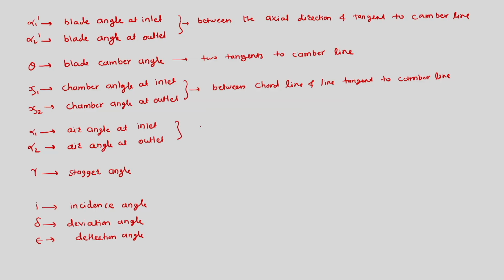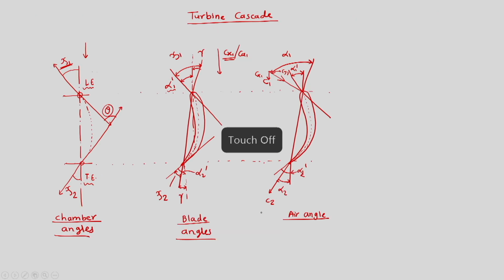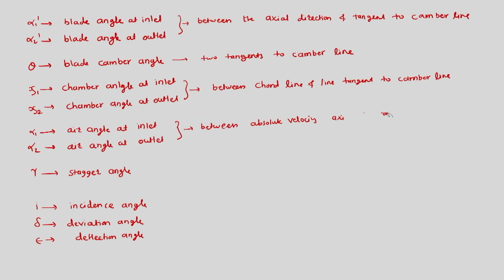Alpha 1 and alpha 2 are the angles between the absolute velocity and the axial direction. We have seen this. Absolute velocity c1 makes an angle with the chord line.